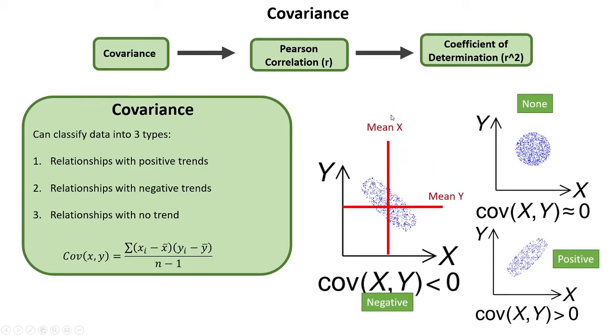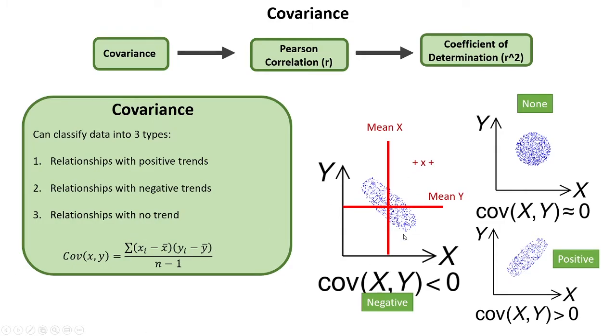If we draw the mean of x and the mean of y onto one of these axes, you can see why the negative and positive relationships exist. In this particular graph where I've drawn the means, you're going to get a negative number for your covariance, which means there's a negative relationship between the two variables. If your xi measurement and your yi measurement are both above their means, it's a positive multiplied by a positive, which gives you a positive value.